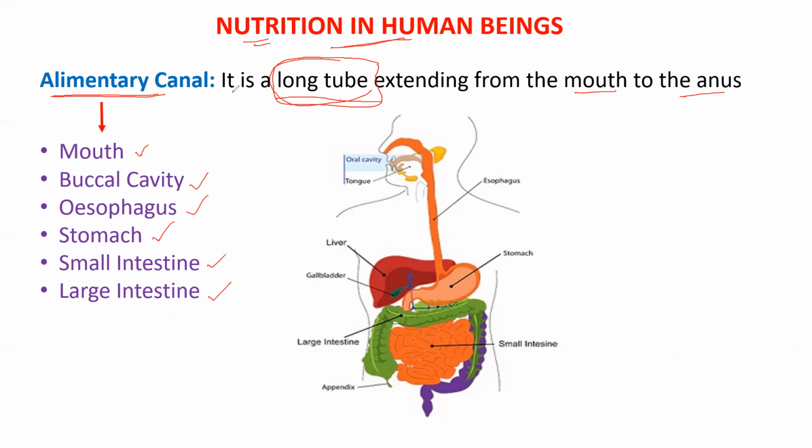In some places you can also see it called the digestive tract. The alimentary canal has these parts where the complete nutrition takes place. First is the mouth, buccal cavity or oral cavity, esophagus, stomach, small intestine, large intestine.